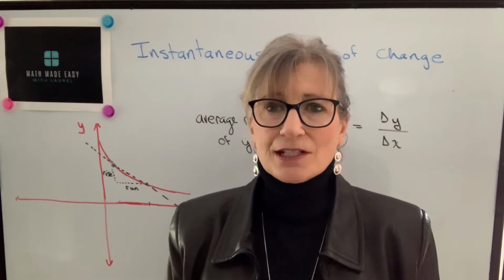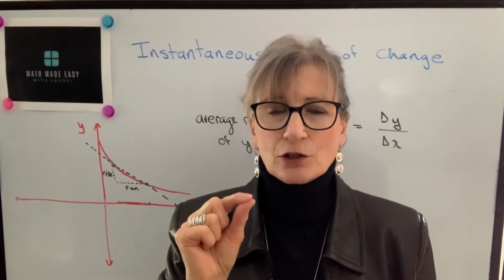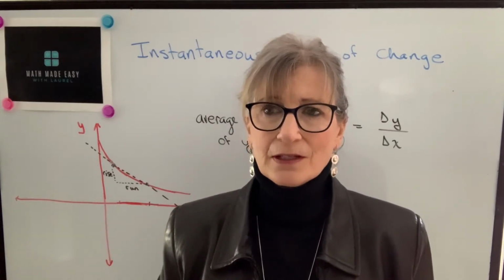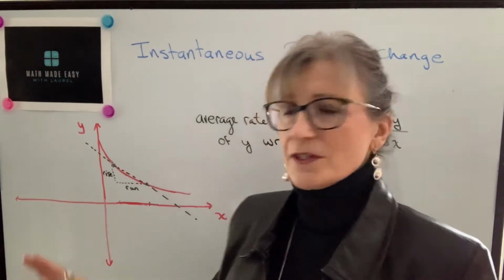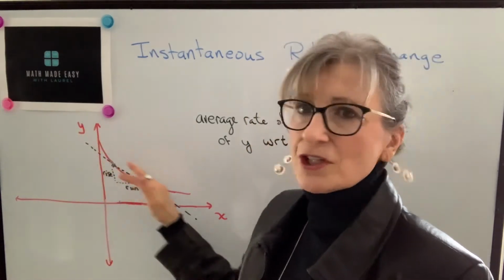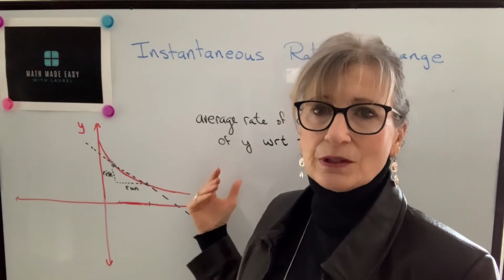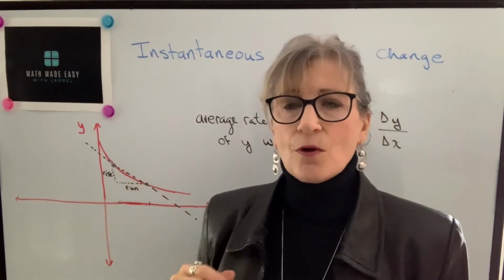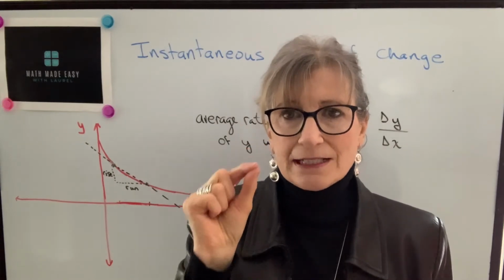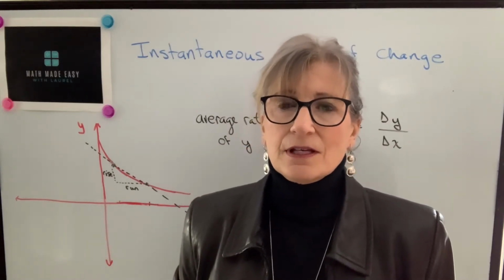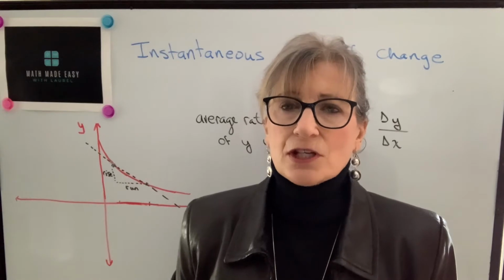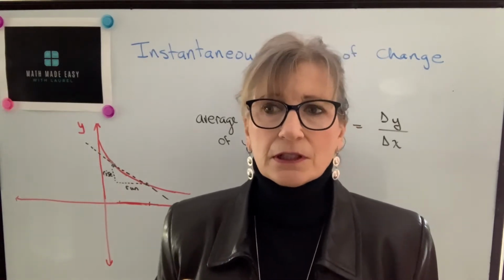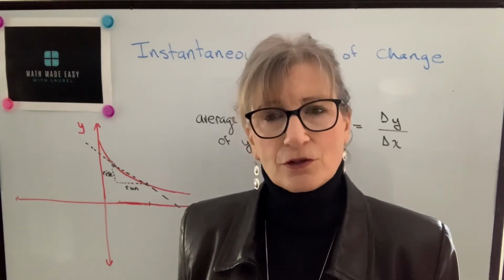Instantaneous rate of change tells me how it's changing at that particular moment in time. Similarly, if this represented depreciation of a vehicle, for example, I could find the rate of depreciation over an interval, or I could find it at a particular instant. So instantaneous rates of change are very useful pieces of information about functions.